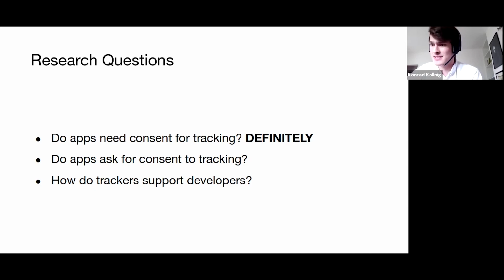And we opened every single one of these apps, looked at whether these apps asked for consent, and at the same time, we monitored their network traffic and analyzed, well, where does data go to, what companies?